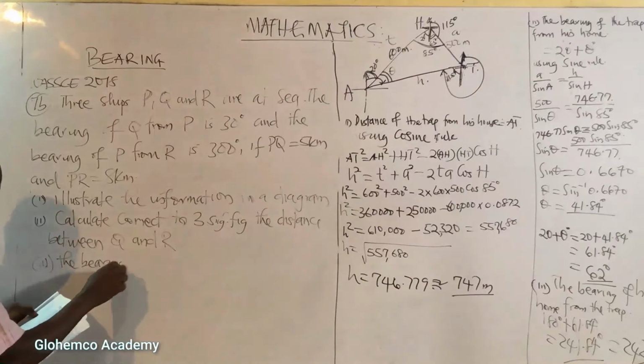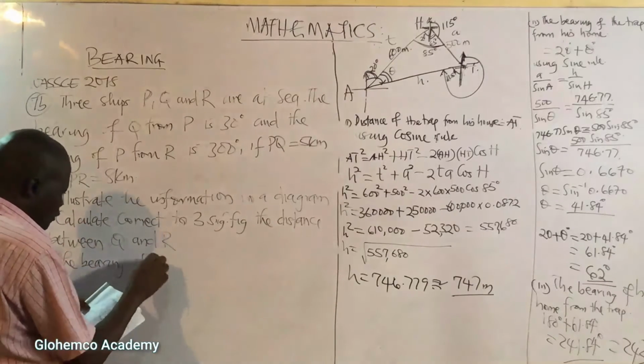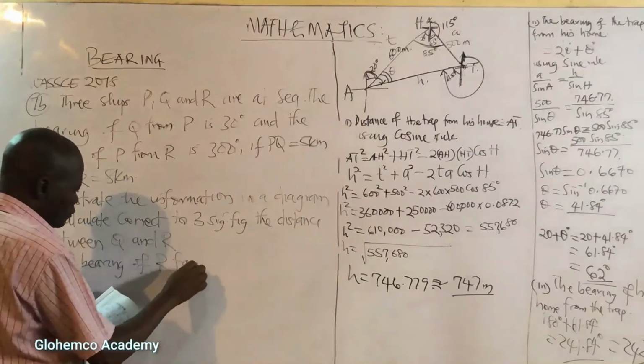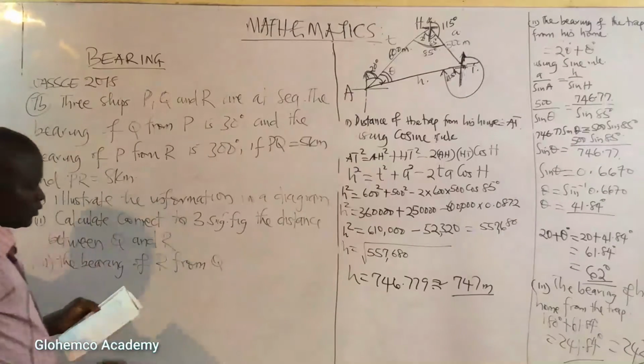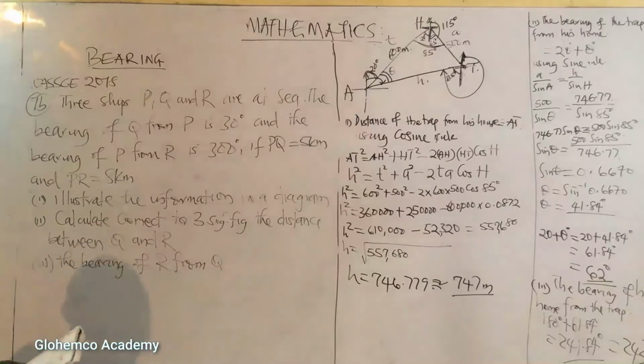You have to calculate the bearing of R from Q. These are the questions of 7B WAEC 2018.